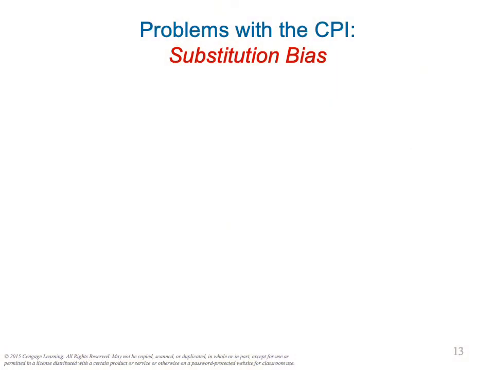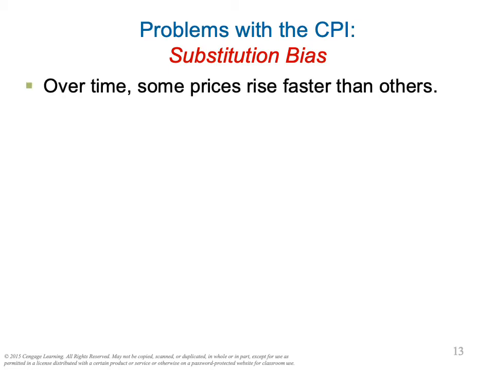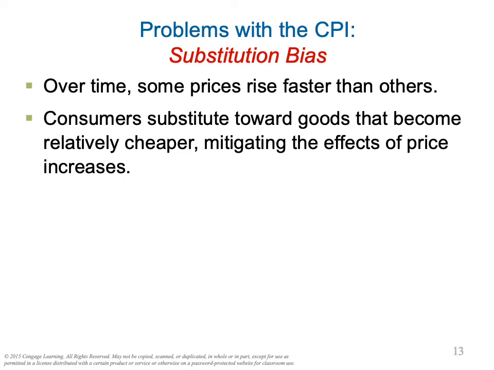Okay, so here again is what's called substitution bias. Over time, some prices might rise faster than others, so their relative prices change. And when that happens, consumers frequently substitute towards goods that become relatively cheaper, mitigating the effects of price increases, as we saw in the example.